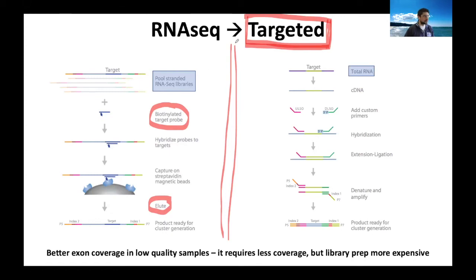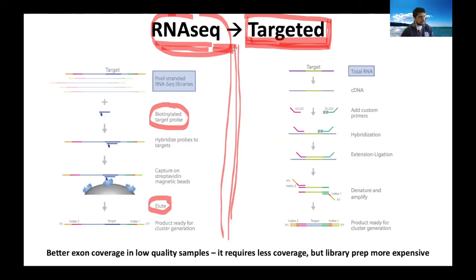So the results will not be great. In the case of the targeted approach, I have probes that are targeting all the exons in the genome. So it's very similar to exome-seq. Exome-seq is usually performed on DNA, while the RNA exome-seq type of approach is performed on RNA libraries. And the targeted approach focuses your sequencing results on the exons only.